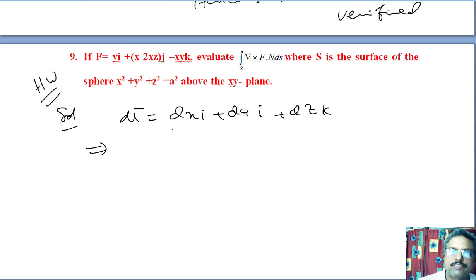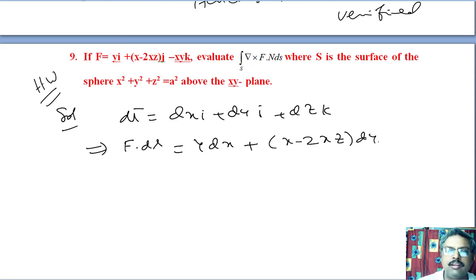I will give the hint: F dot dr equals y dx plus x minus 2xz dy minus xy dz.